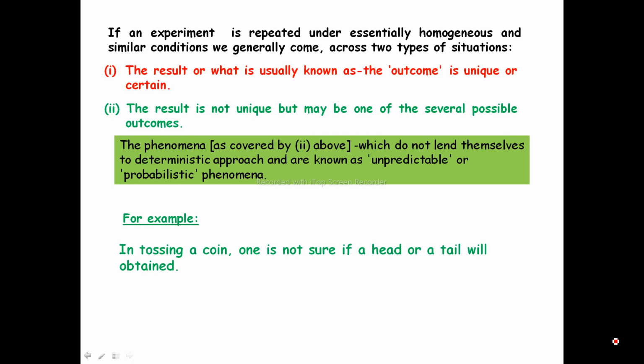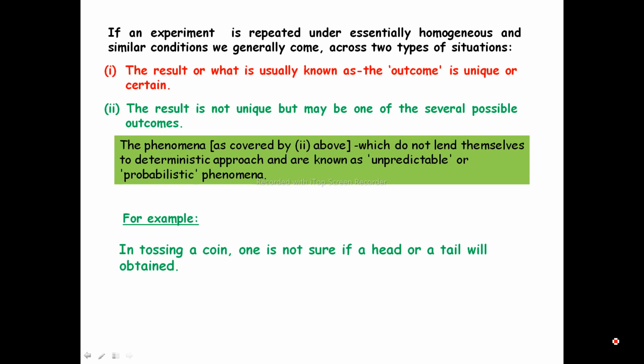We can predict that head will come or tail will come, but we cannot give any assurance. Even if you toss a coin 1,000 times, we cannot say whether head or tail will occur. So this is known as probabilistic or unpredictable phenomena, means we cannot predict the outcome.